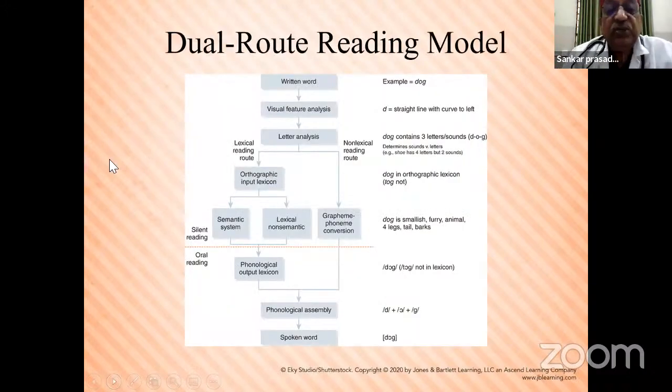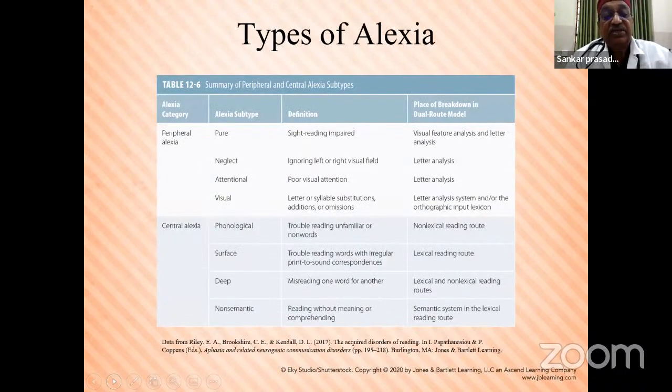The dual route reading model: a written word, for example dog, goes through visual feature analysis and letter analysis, then the semantic system, lexical and non-semantic routes, grapheme-phoneme conversion, and finally you read it out. This is a complex model.